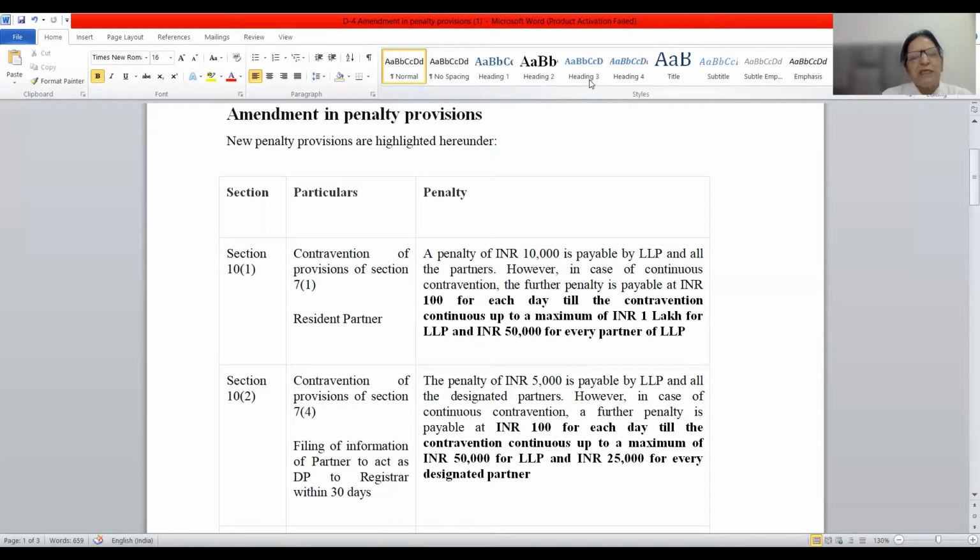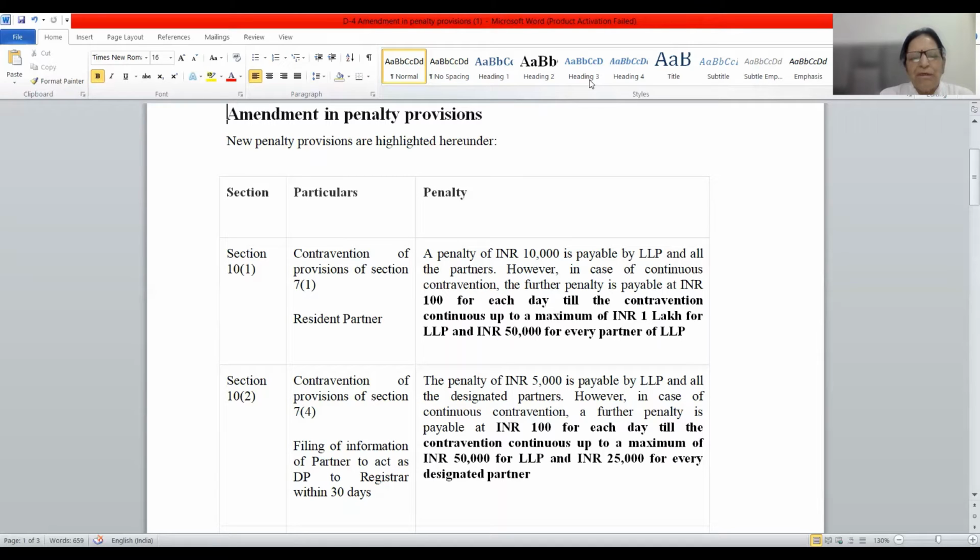Now coming to the next point, which is the penal provision contained under section 10, subsection 2. This is regarding contravention of provisions of section 7, subsection 4. Now section 7, subsection 4 is regarding filing of information of a partner to act as DP to the registrar within 30 days, because LLP should have normal and designated partners.